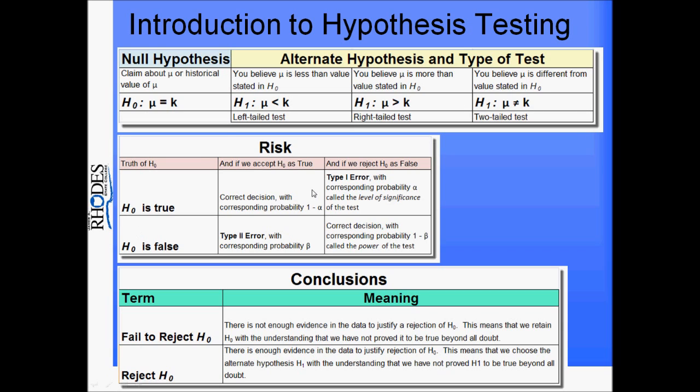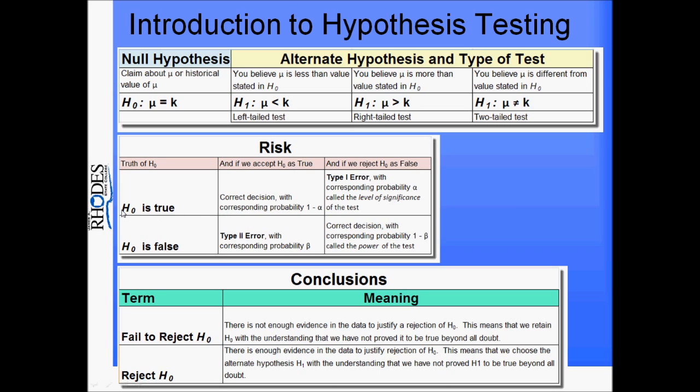Alright, now, as stated when I talked about confidence intervals and estimation in the previous session, there's always a risk in statistics. It's never black and white. You're always accepting that you have risk. And what I want to show is that there are different types of risk.